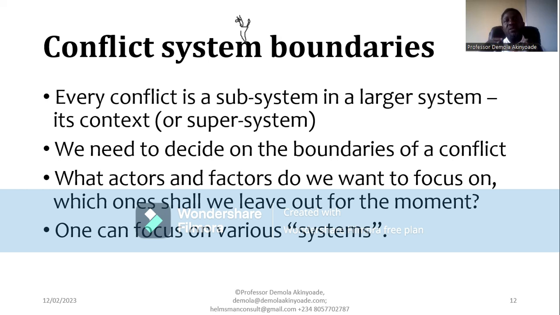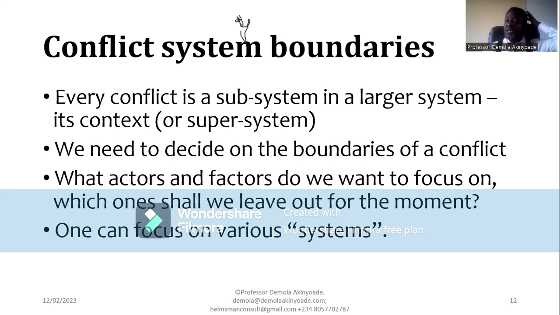This small family domestic dispute may be an extension of, or may be subsumed under, what was going on during the election period. So when we want to analyze, we cannot analyze all the boundaries. We cannot analyze all the subsystems or all the supersystems within which there is a subsystem.